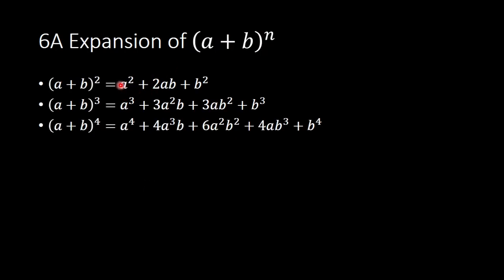With the coefficients, the first is a 1, the last one is a 1, and here you have 2, 3, 3, 4, 6, and 4. They are all based on Pascal's triangle, so it's something to remember. It also links back to binomial distribution. With the combination, we get the nCr coefficients, which follow the same formula. So there's a little bit of a relation with some of the previous topics.